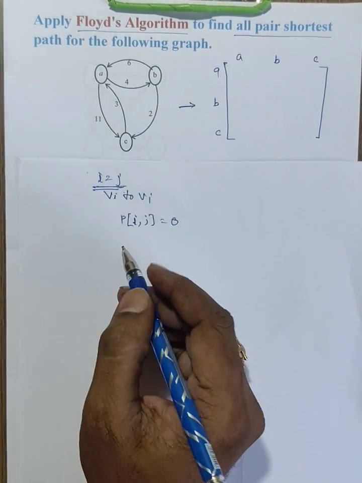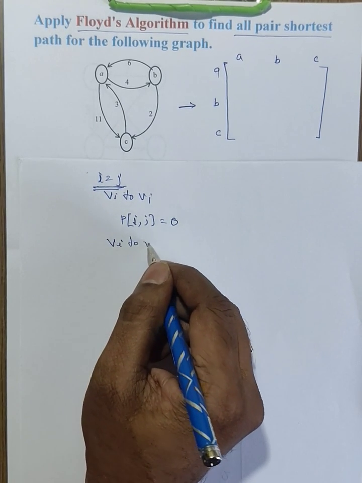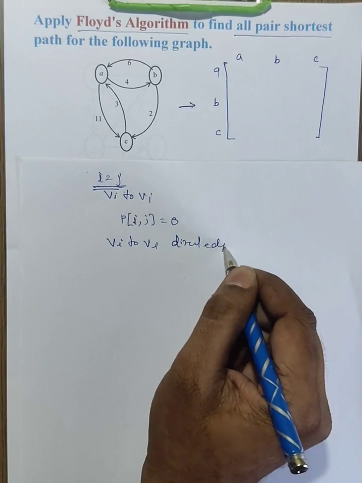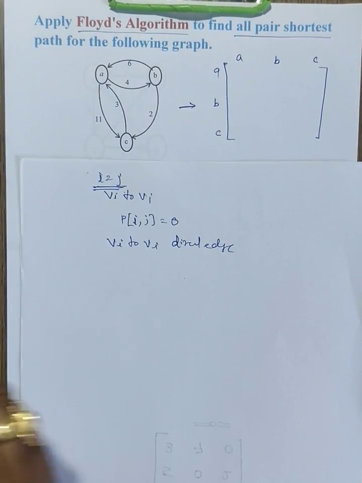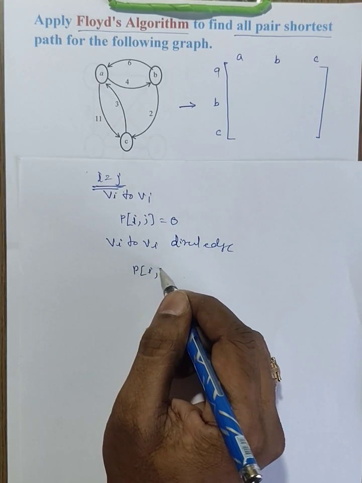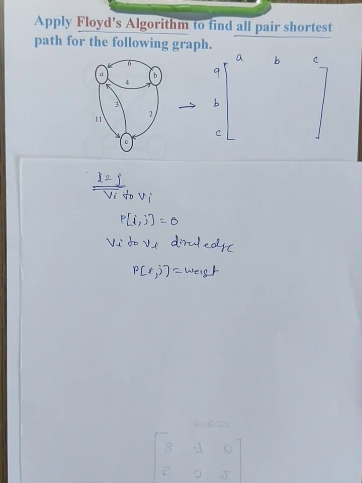If direct edge is there between V of I to V of J, like here A to B, direct edge is there, then P of I to J we can write weight.